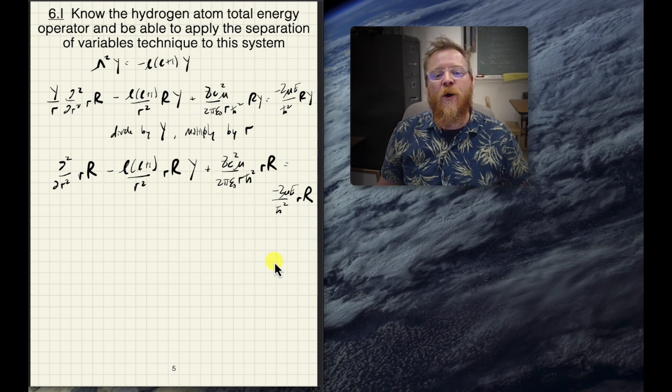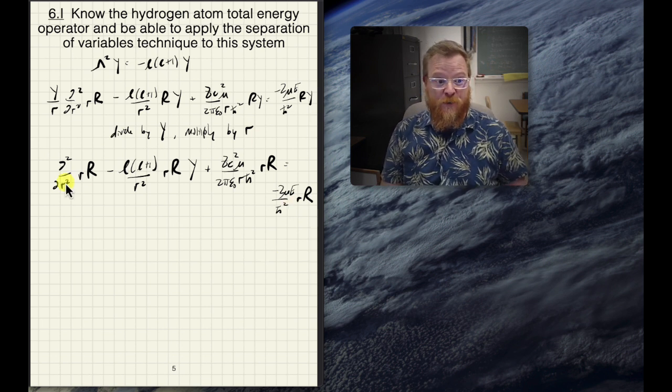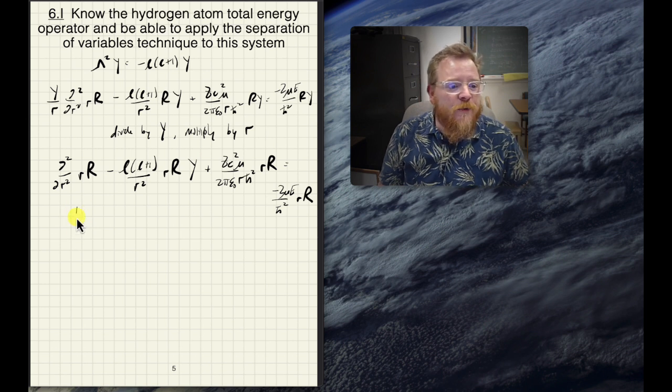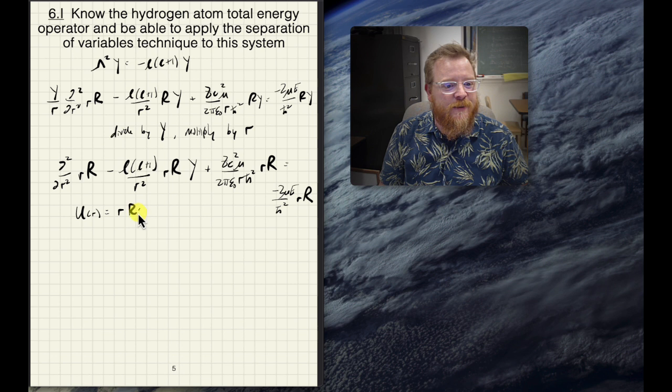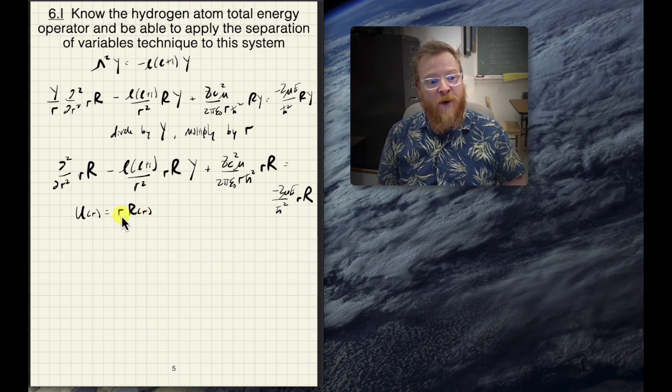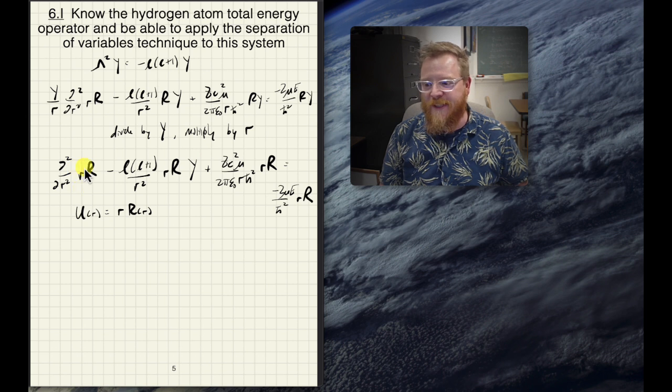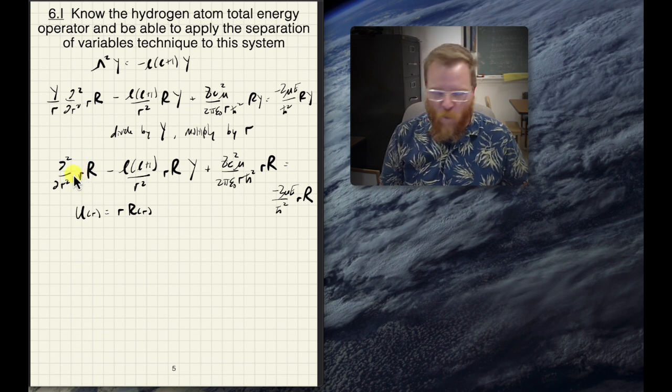So hopefully what we notice is the appearance of this r times R in all of our terms. So we're going to define a new function here as a matter of convenience, u of r equals r times R of r. And that's going to allow us to replace this in a simple way.